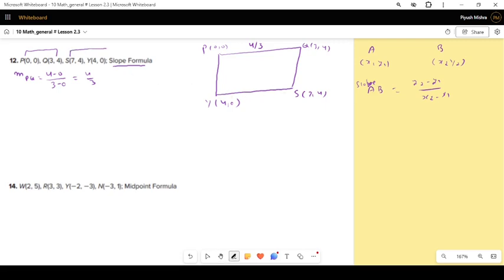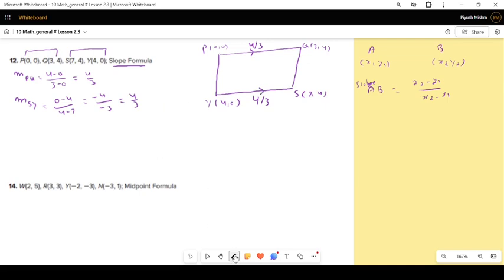So the slope of SY, same formula: 0 minus 4 by 4 minus 7. It will give you minus 4 by minus 3, which gives 4 by 3, because minus minus will get cancelled. So I have found that these two slopes are equal.